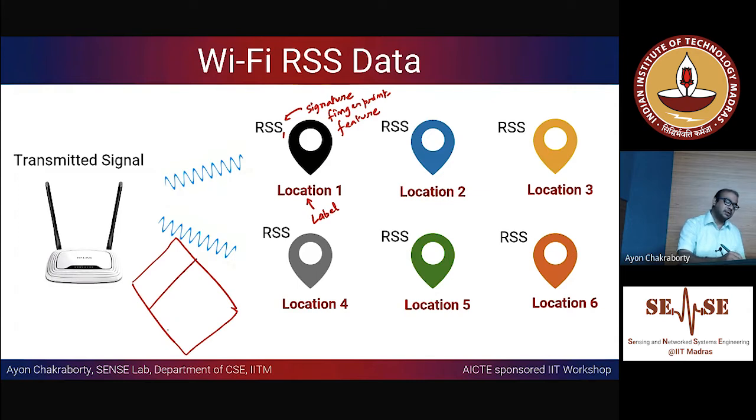Okay, and let's say you divide this room into 6 zones. You have a door here, you have some windows and so on. You have furniture and all. So you divide this room into 6 zones, 1 2 3 4 5 6, and you collect data for a substantial amount of time by going to those 6 locations, and you analyze the data.